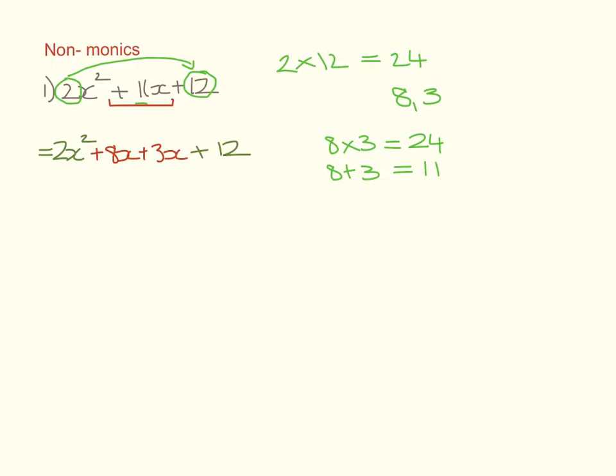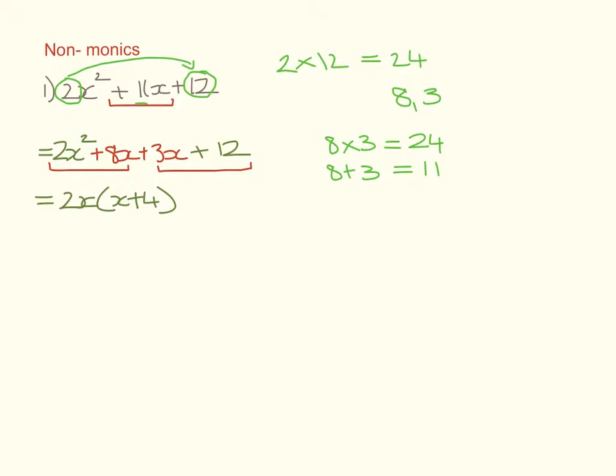I can factorise by grouping, which we did last lesson. Bear in mind it doesn't matter whether I wrote the 3x first or the 8x, I still get the right answer. So I'm factorising out a 2x, which leaves x plus 4, from these first two terms.